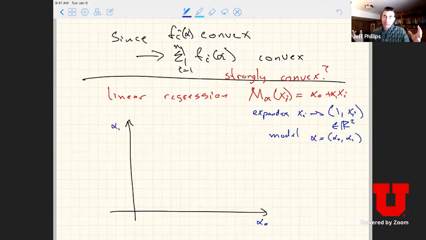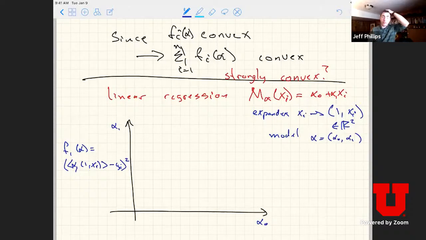Now my function is going to live in this space. Let's try and write the function f1 of alpha, which I want to look like the dot product between alpha and the vector 1, xi, minus yi, squared.